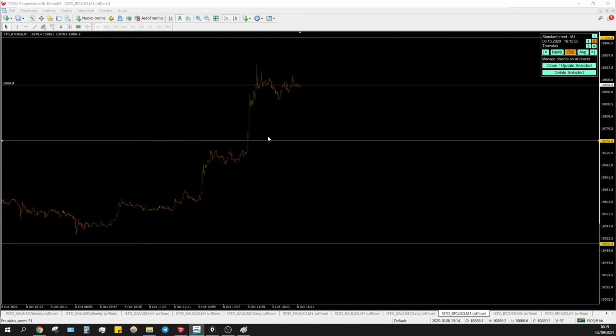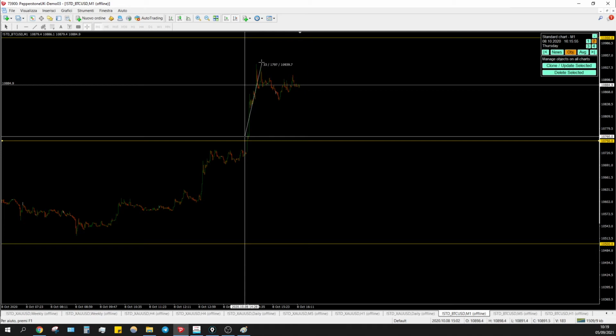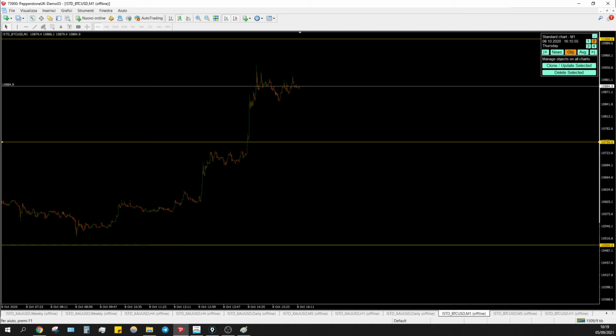Nice break and retest on the dot, and 17 pips, almost PPL to PPL.